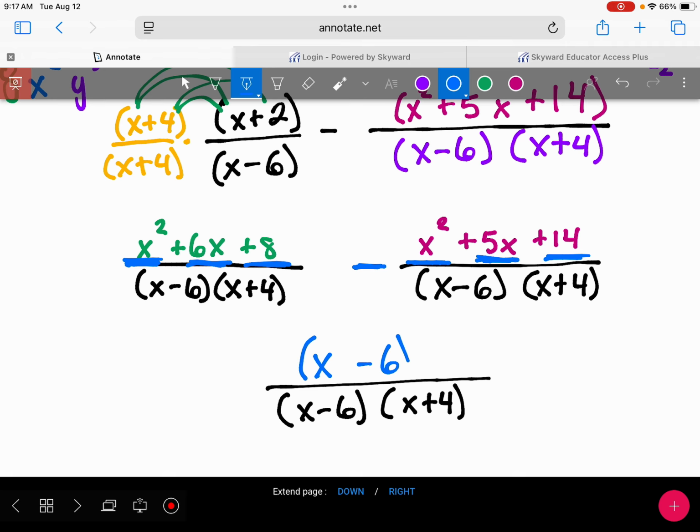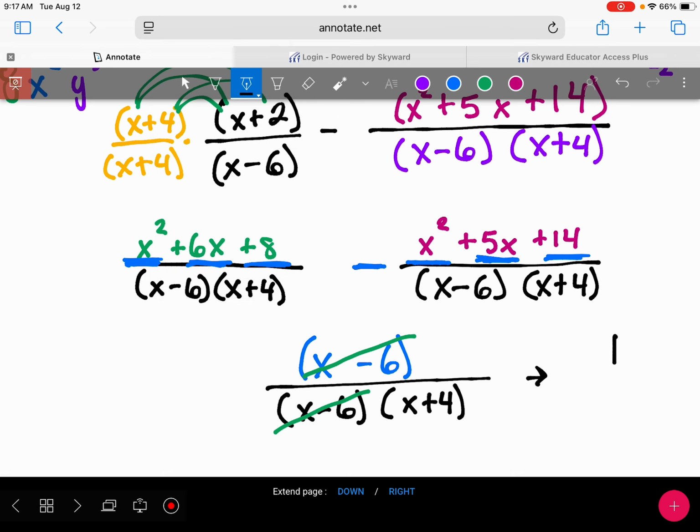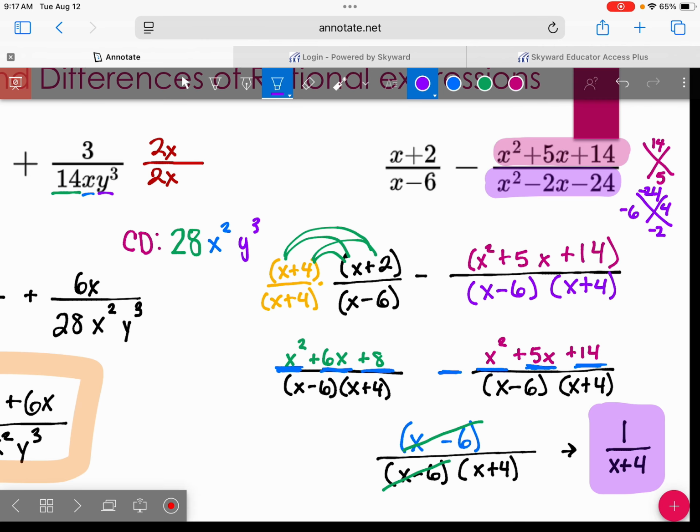Because this is the same thing as having x minus 6 like this. And our x minus 6 can cancel out with the x minus 6, giving us a final answer of 1 over x plus 4. So make sure we look back and simplify when we're done. But it's all about getting to that common denominator and combining like terms.